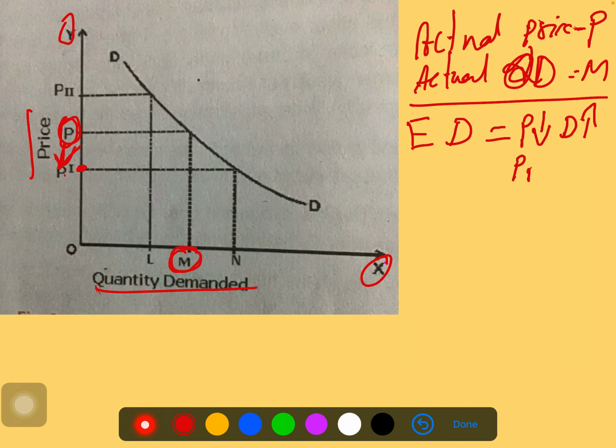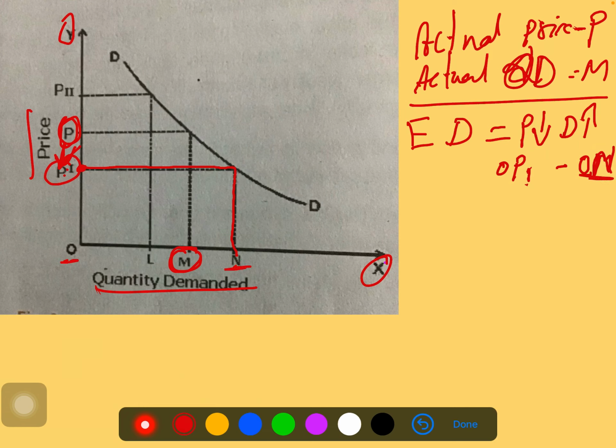When price got decreased, the quantity demanded is now ON. So OP1 is the new, decreased price, and the quantity demanded is ON.